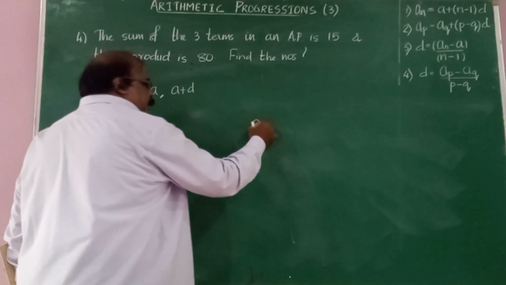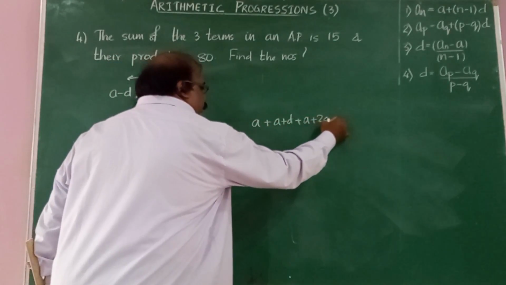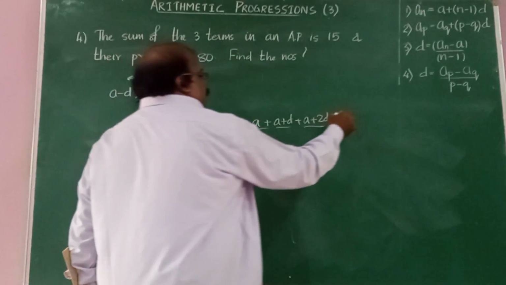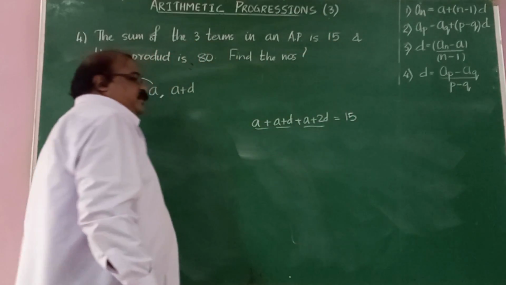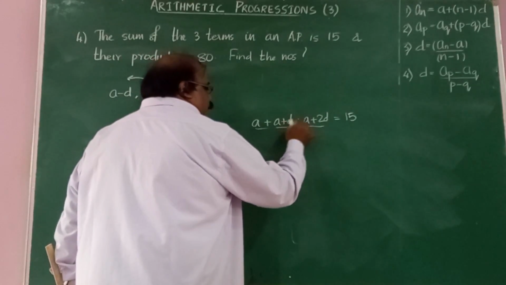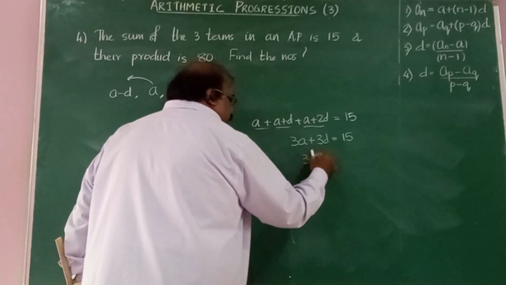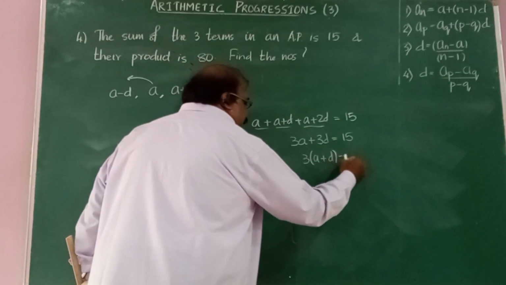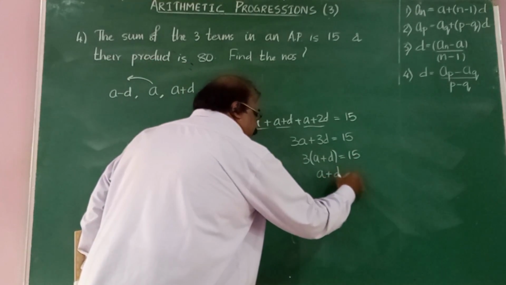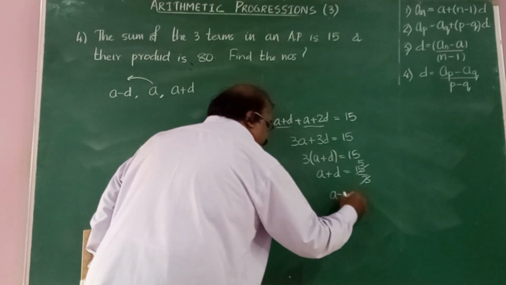Had I taken a plus d and a plus 2d, and you know that the sum of the three numbers is 15, 3a plus 3d is equal to 15. Common factor 3 into bracket a plus d is 15. So I would get a plus d is 15 upon 3.